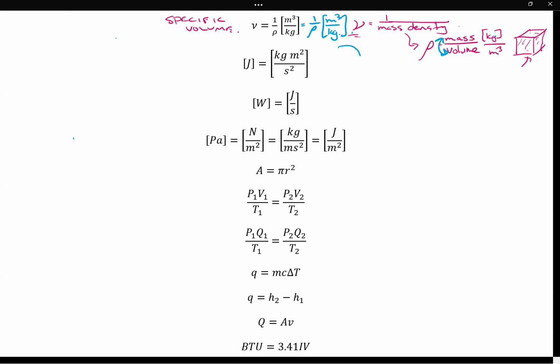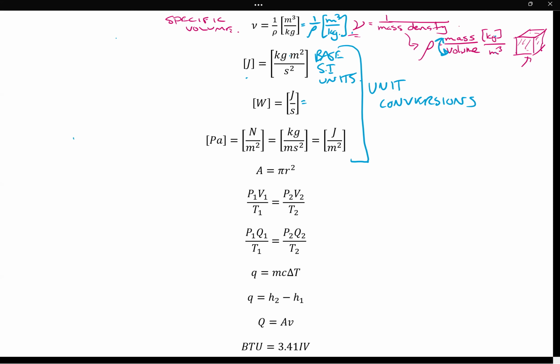Now these are just unit conversions. A joule by definition in its base SI units is 1 kilogram times meter squared over second squared. A watt is a joule per second, so it would be a kilogram meter squared per second cubed.